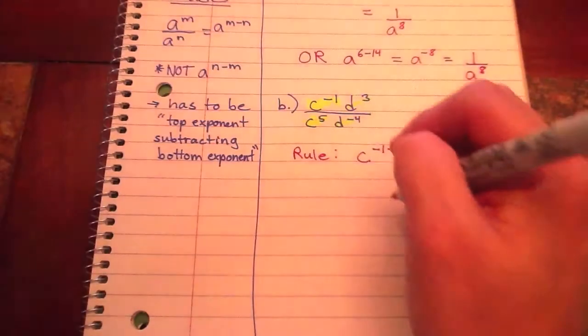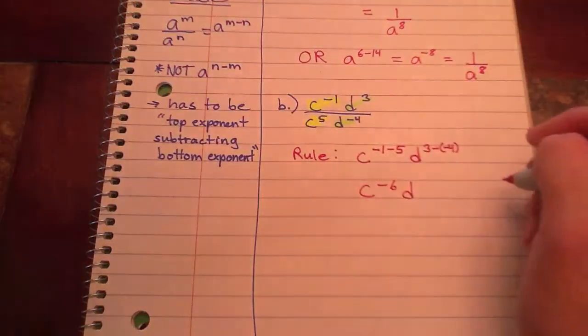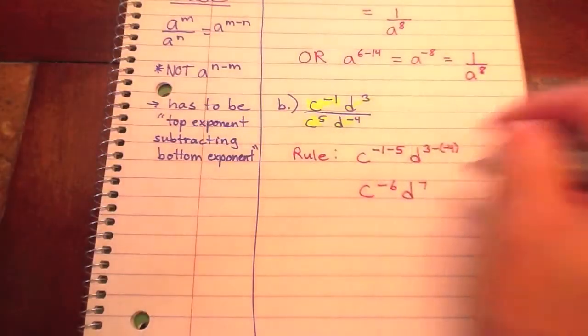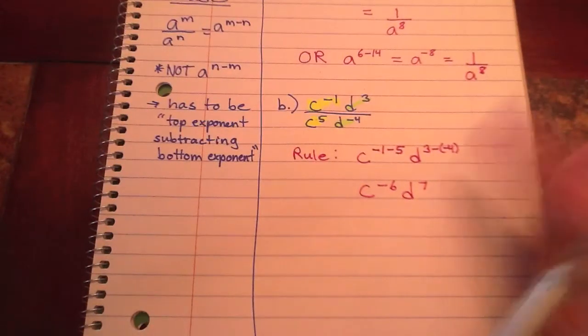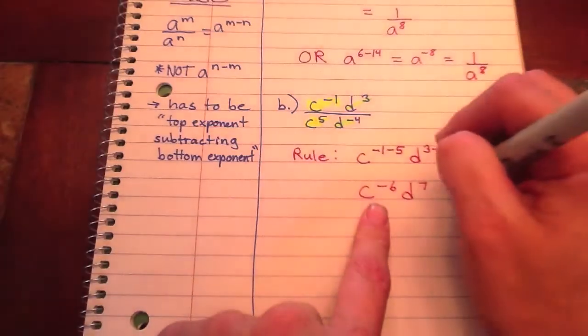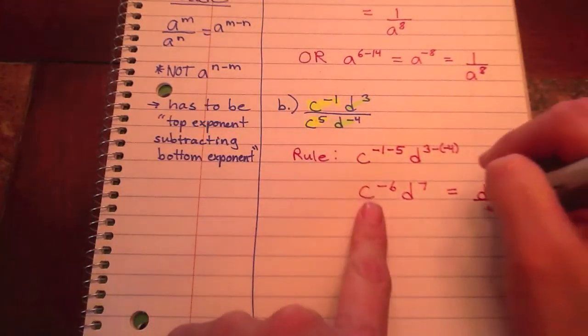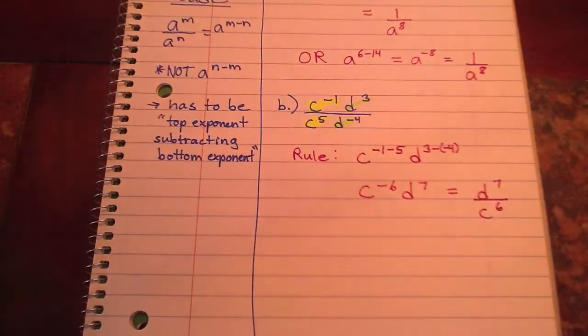Then I would continue to simplify it. I end up with C to the negative 6, D to the 7th, because 3 plus 4 is 7. And this wouldn't be finished because I still have a negative to deal with. So final would be D to the 7th over C to the 6th. Okay, that's one way to do it.